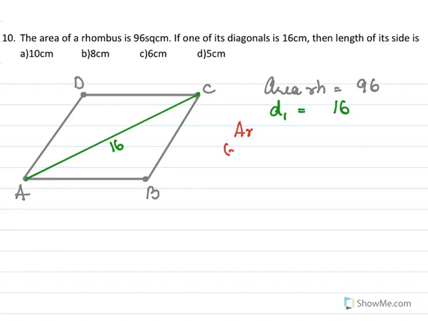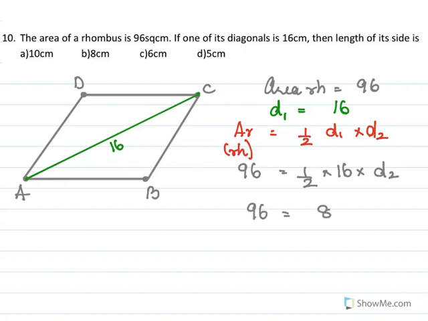Area of rhombus is half D1 into D2. This is the formula. So let's put it up. So 96 equal to half into D1, which is 16, into D2. We do not know D2. So 96 equal to 8 into D2. So the second diagonal is 96 over 8, and that is 12 equal to D2.